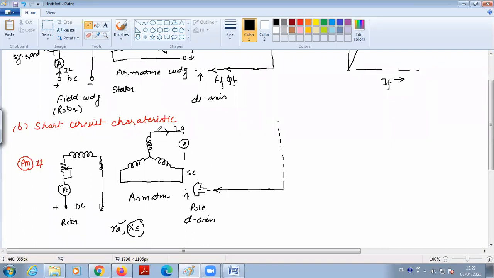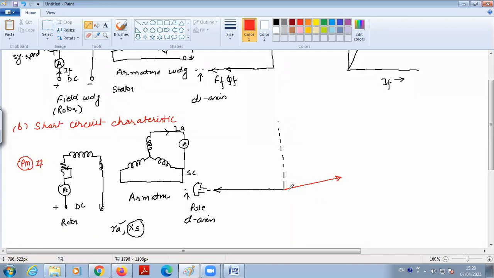So whenever the short circuit is there, the current is going to lag with a large angle with respect to the voltage. So we will represent, there is a large current, it is a short circuit current, lagging at a large angle.